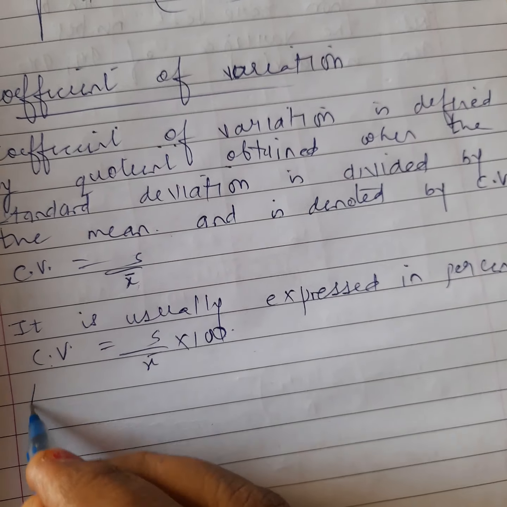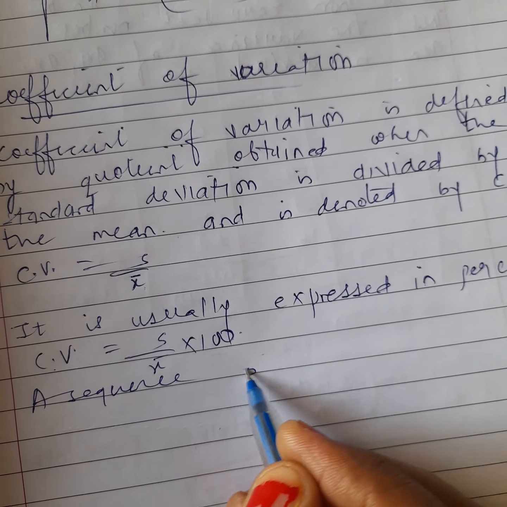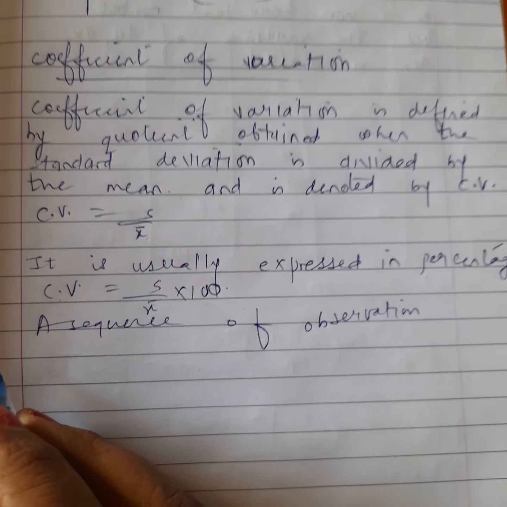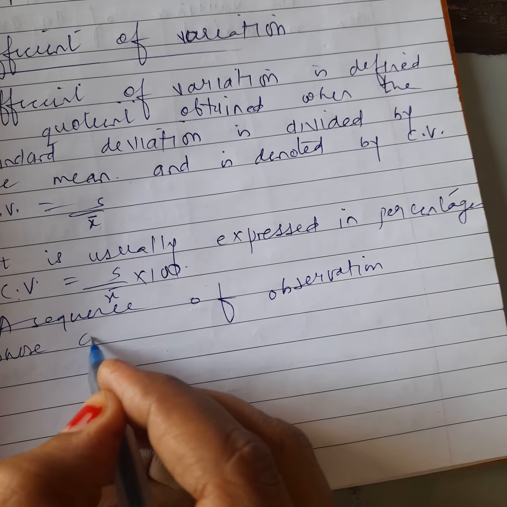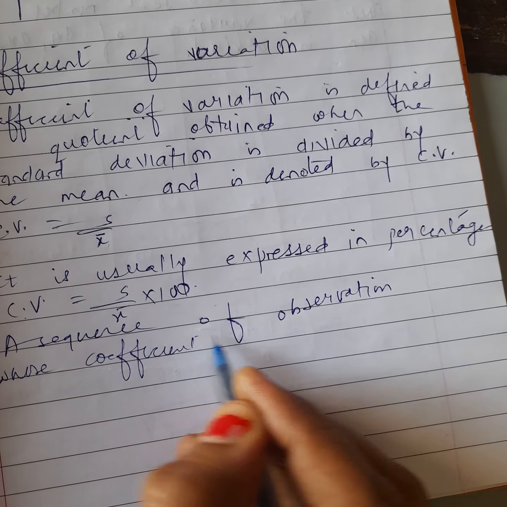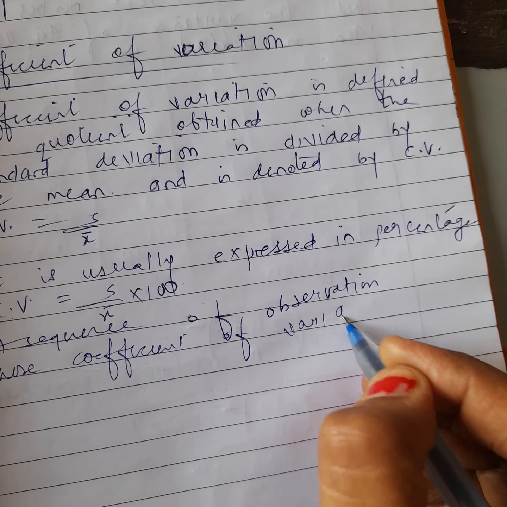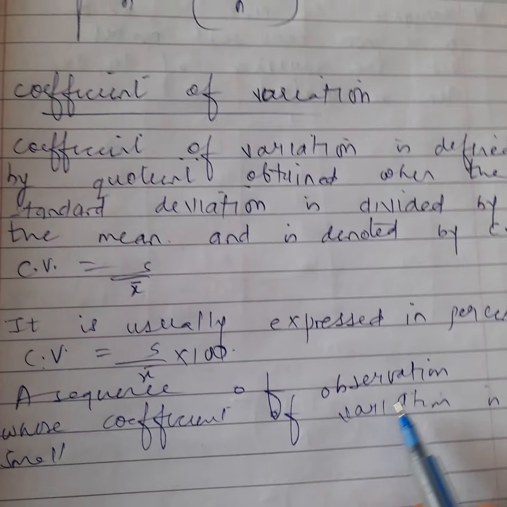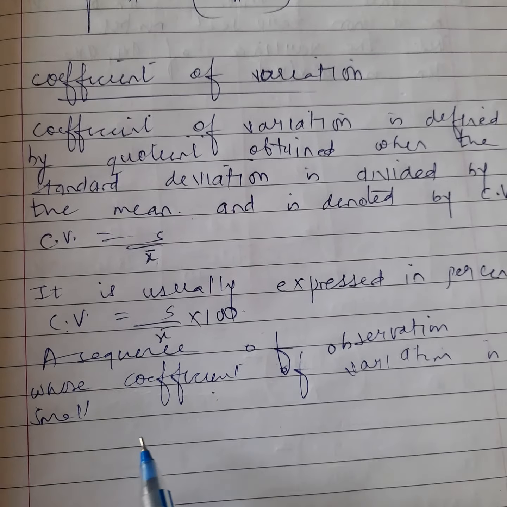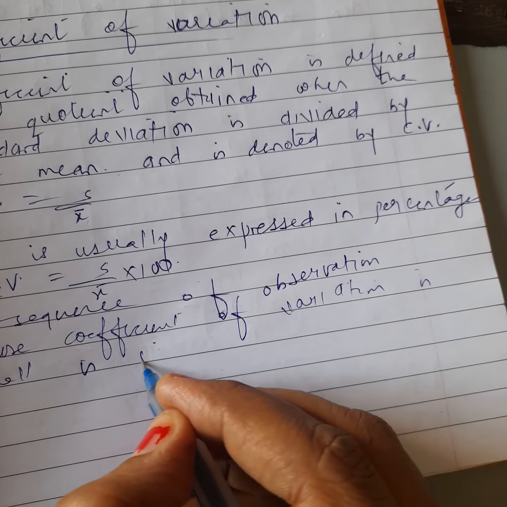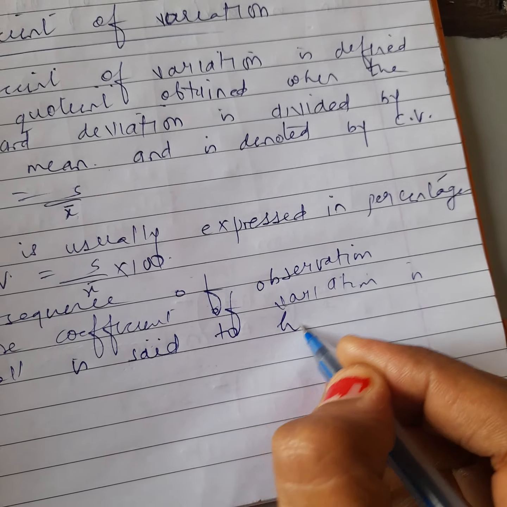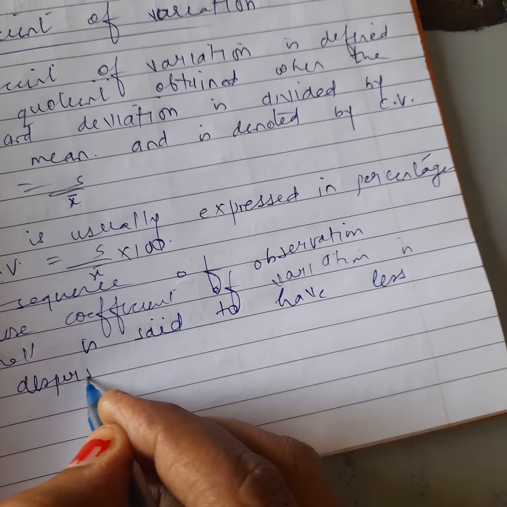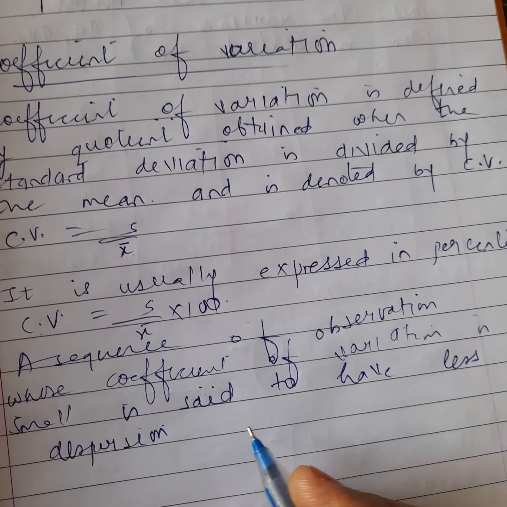Now, a sequence of observations whose coefficient of variation is small is said to have less dispersion, or it is said to be more stable.